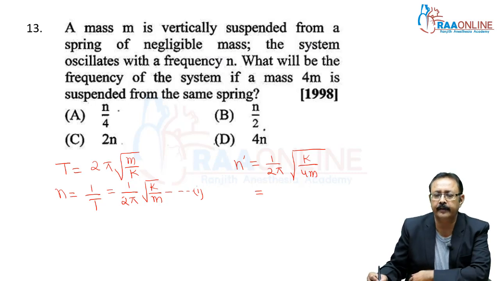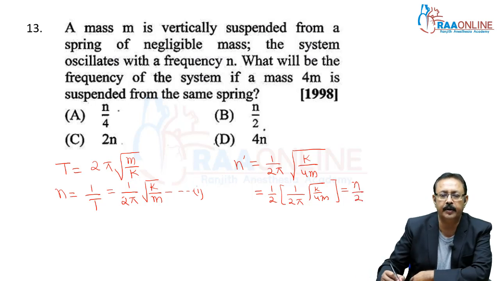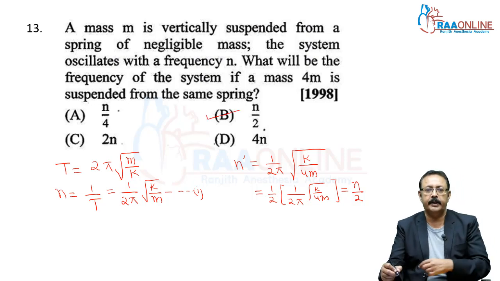So, from 4, take 2 outside. All previous quantities except this 2 make the old frequency. So, we are getting old frequency divided by 2. So, n dash should be n by 2. So, we are going with option B.